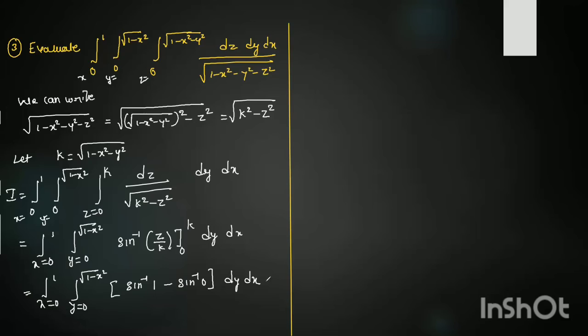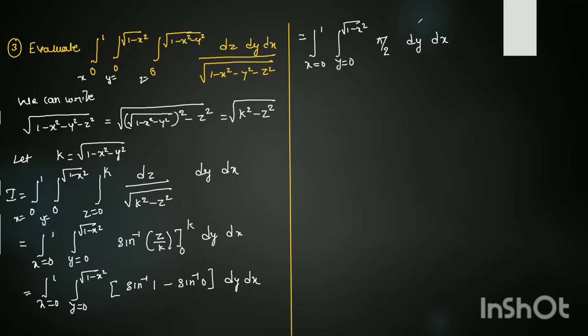What is sine inverse of 1? 90, pi by 2, correct? This 90 means it is pi by 2. What is sine inverse of 0? 0. So I don't write that, because sine inverse of 1 is pi by 2 and sine inverse of 0 is 0. dy dx, pi by 2.